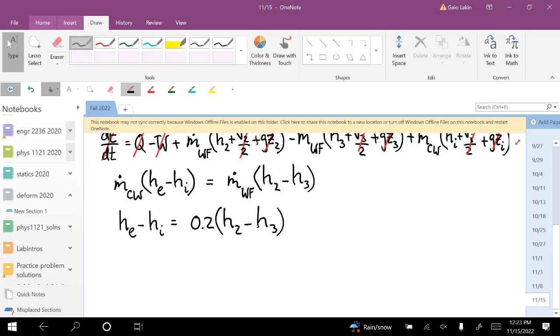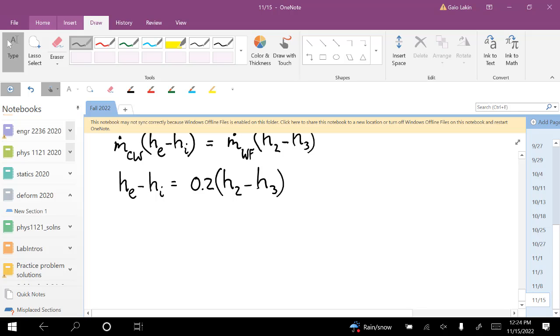Just substituted in the mass flow rates. So now this depends on these 4 enthalpies. Do we have enough information to look those up? Well, we do have enough information to look up the ones for the working fluid. And for the cooling water, since it's incompressible, we can actually just calculate that change using the incompressible assumption.